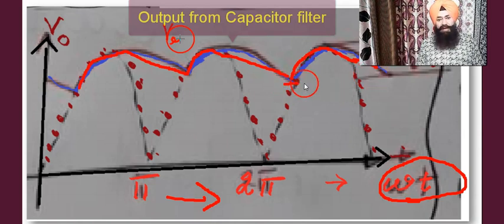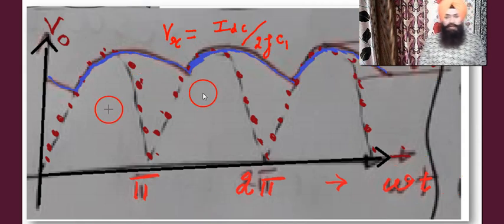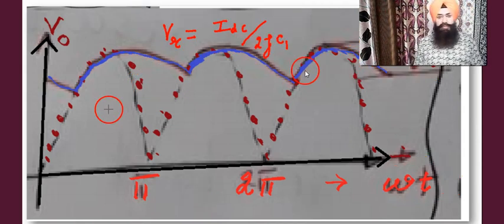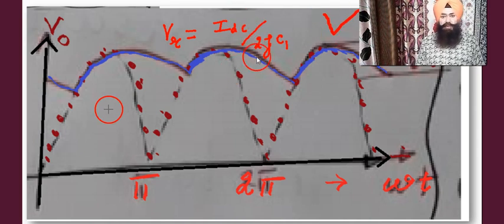Now the ripple will be from here to here. This is a ripple variation. This is not pure DC, still it is fluctuating. So the ripple variation magnitude is from here to here. What is the value of the ripple? This is the expression IDC over 2FC1.